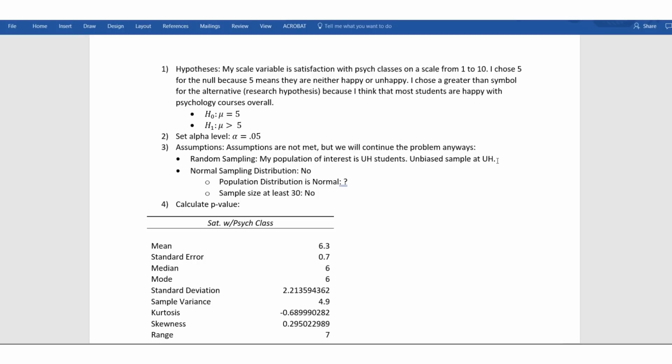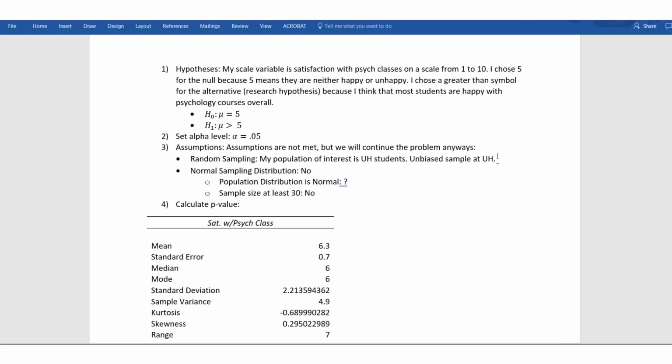Or if you were trying to get the average age of everyone in the United States as your population of interest, but you only survey college students, your average is probably going to be lower than people in total in the US. So just try to get a representative sample that's unbiased.